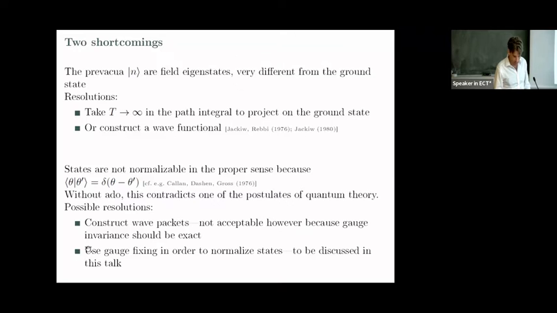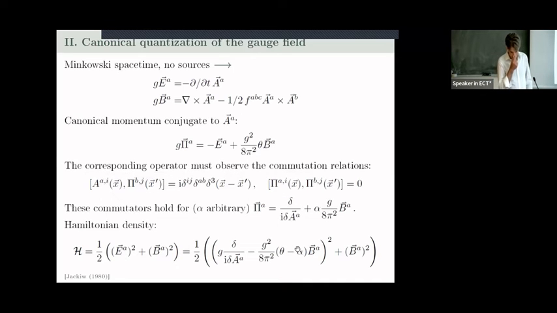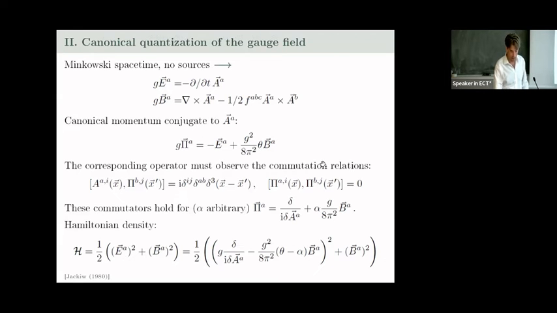So I'm concentrating here on the second one. How does this canonical quantization look for the gauge field? I mean, we typically teach it in introductory relativistic field theory lectures for quantizing the photon field.